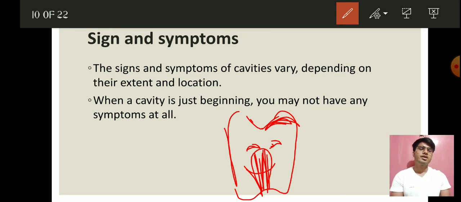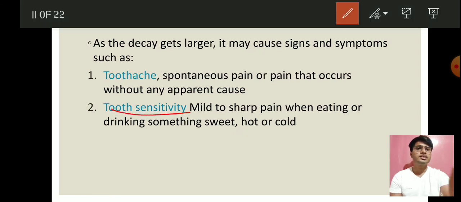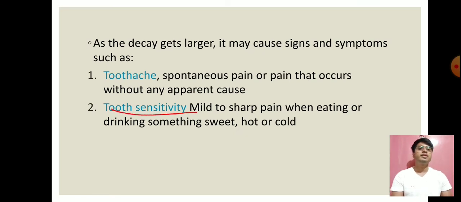Okay, but in the later stages, we feel the toothache and tooth sensitivity. Now you need to understand tooth sensitivity here. Basically, very hot or very cold food, or very hot or cold water.